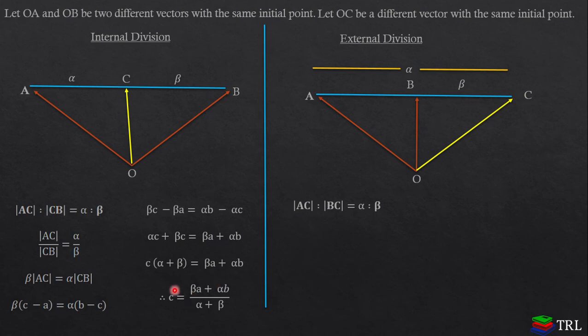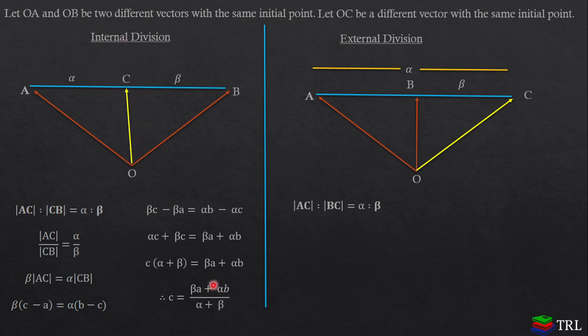That is, for us to look for the position vector of OC, we use this expression. That is, beta times the position vector of OA, which is A, and alpha times the position vector of OB, which is B, all on alpha plus beta. This gives us the position vector of vector OC.